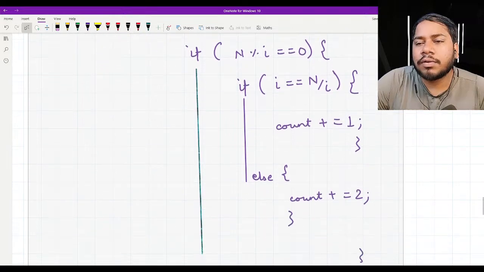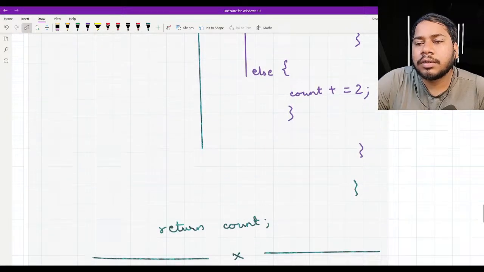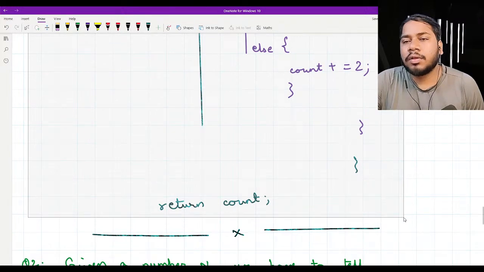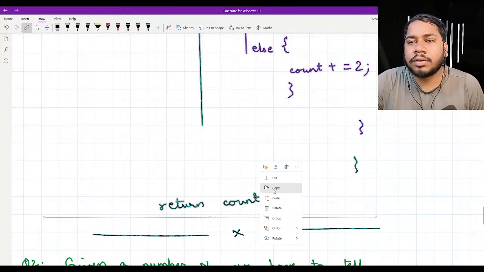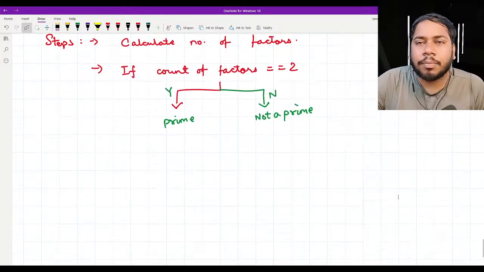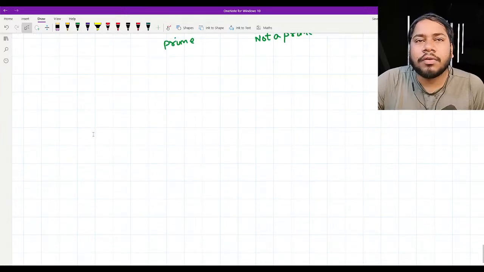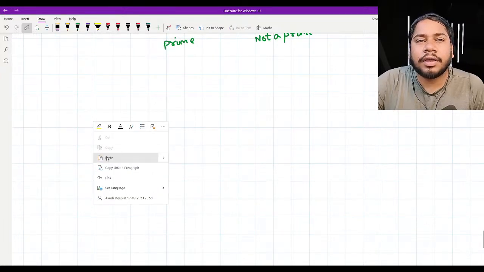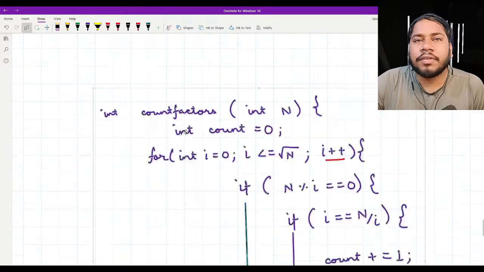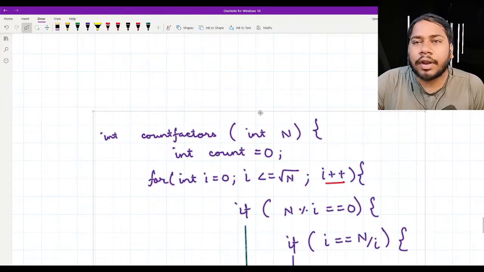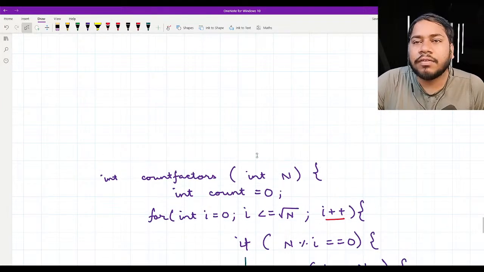Okay, let's go ahead and take this code. Copy this. After copying this, we are pasting it here, and after pasting it, we are trying to minimize this a little bit.